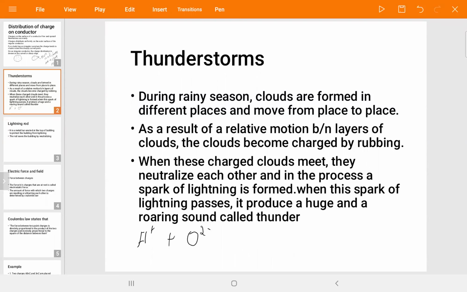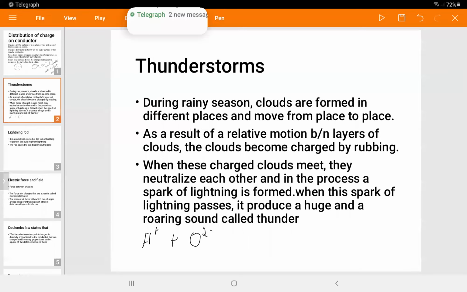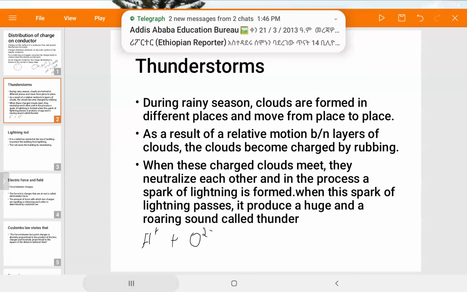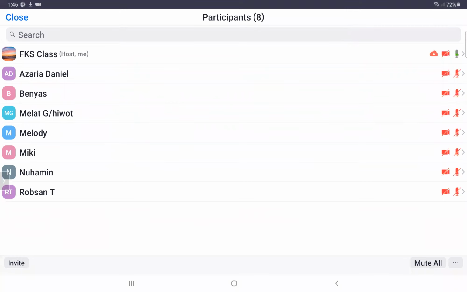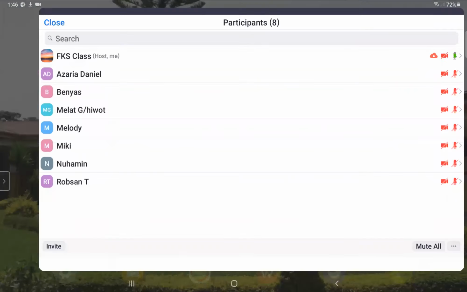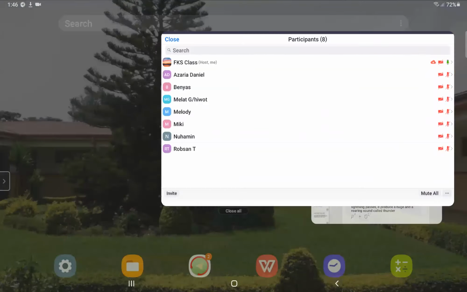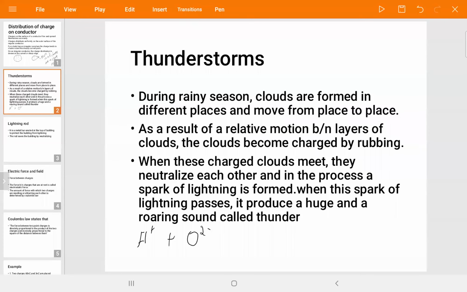And due to this process, while the charge is moving, the charge will flow to the ground, or from the ground to the layer. Due to this movement of lightning, a huge amount of energy is involved in this process.